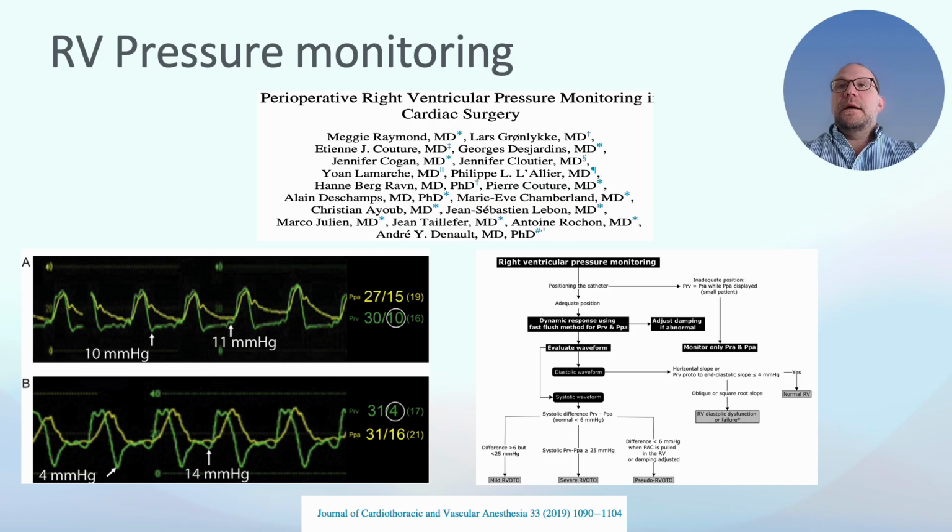That's as opposed to A, where you see RV end-diastolic pressure that is not having that large discrepancy, and it's actually very close to the PA diastolic pressure. So something interesting. Again, it's specific for cardiac surgery, but there might be an opportunity to look at it more deeply in non-cardiac surgery as well.